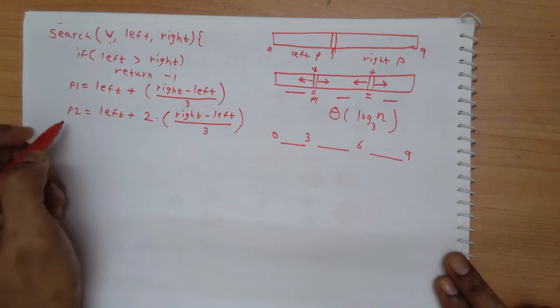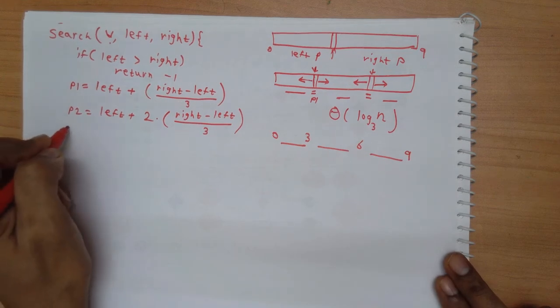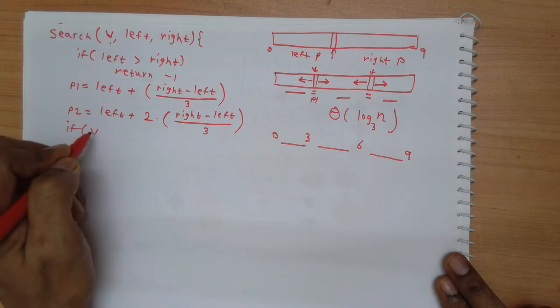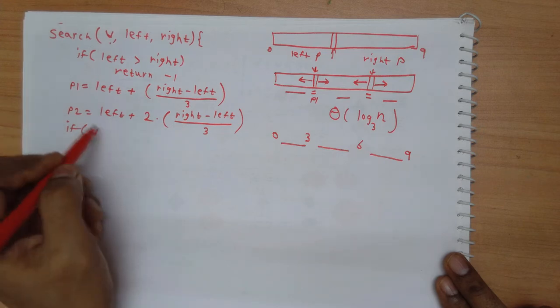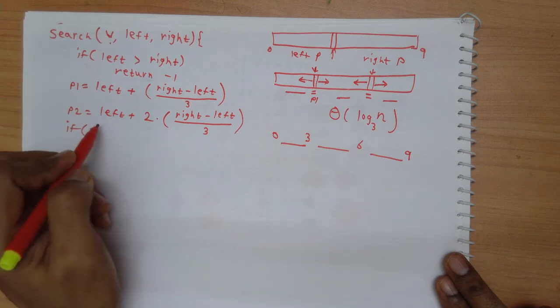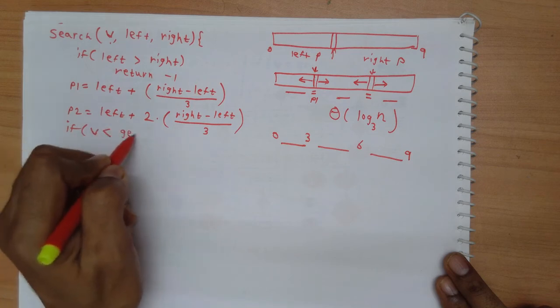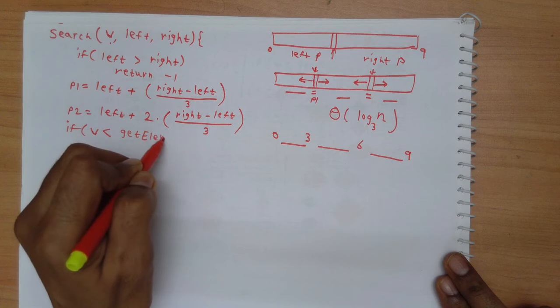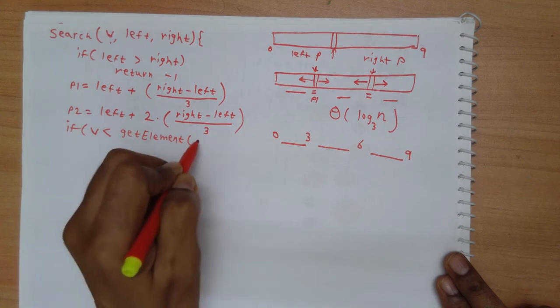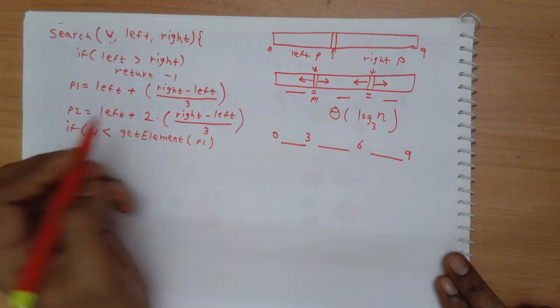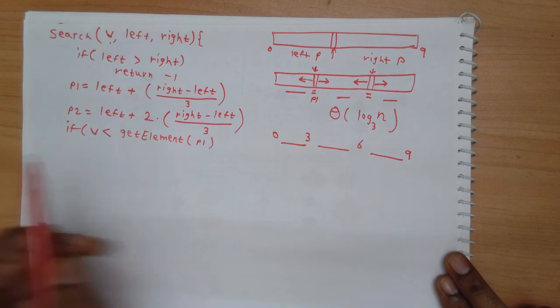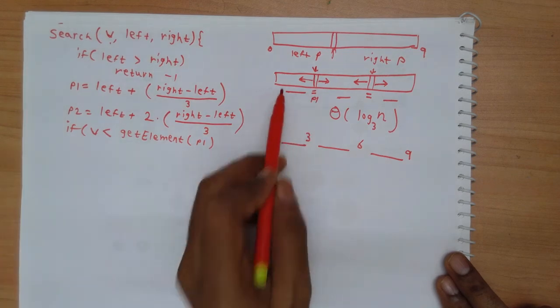First question I have to ask is, if the value that I am searching for is less than the element at p1. If that's the case, what should I do? I should search in this particular partition.